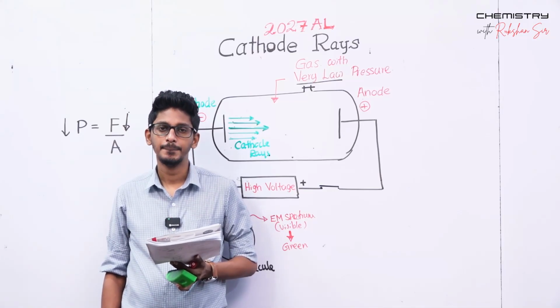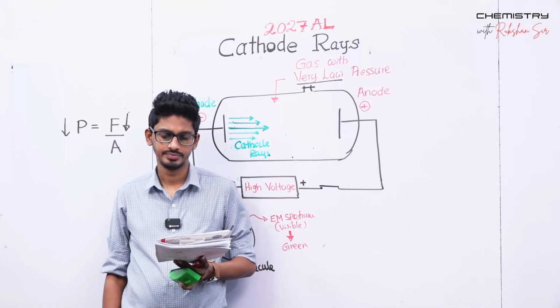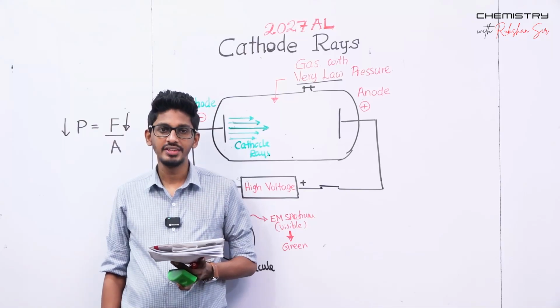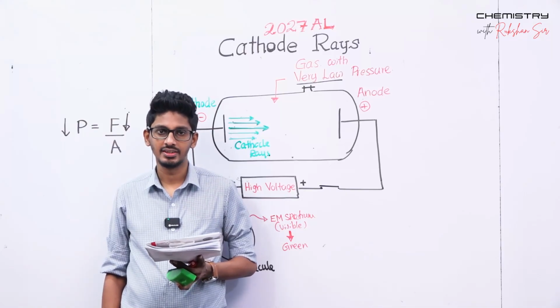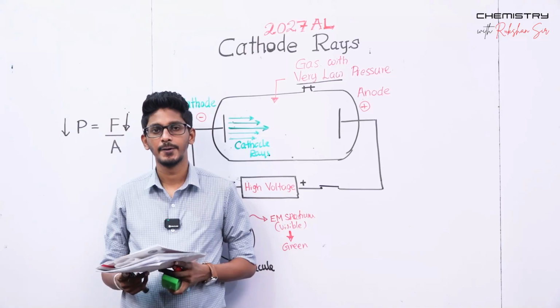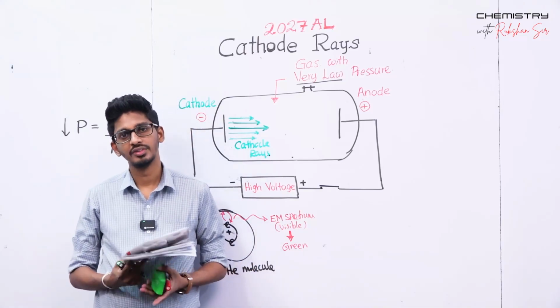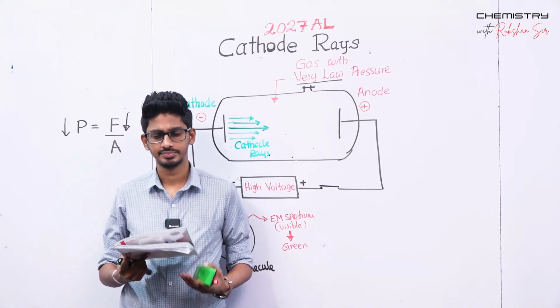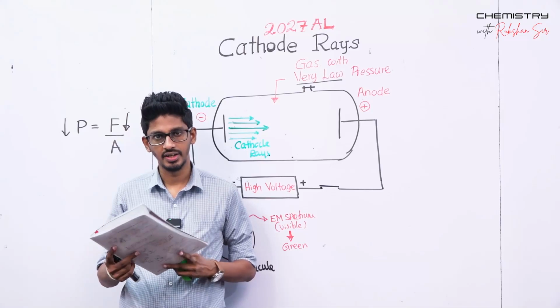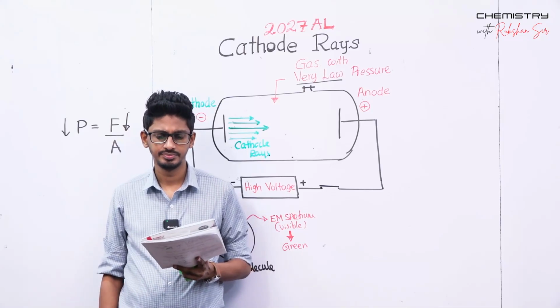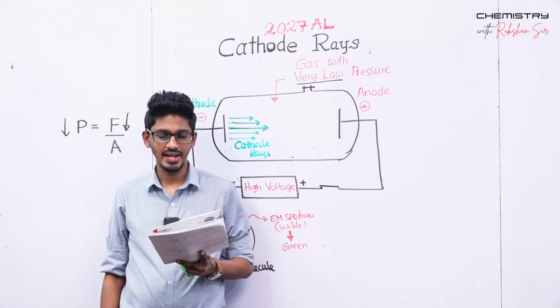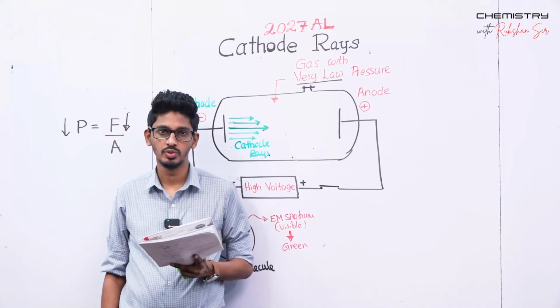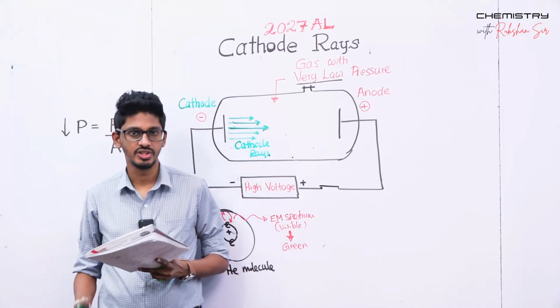Because cathode rays cause gases at low pressure to glow, write it in red color.